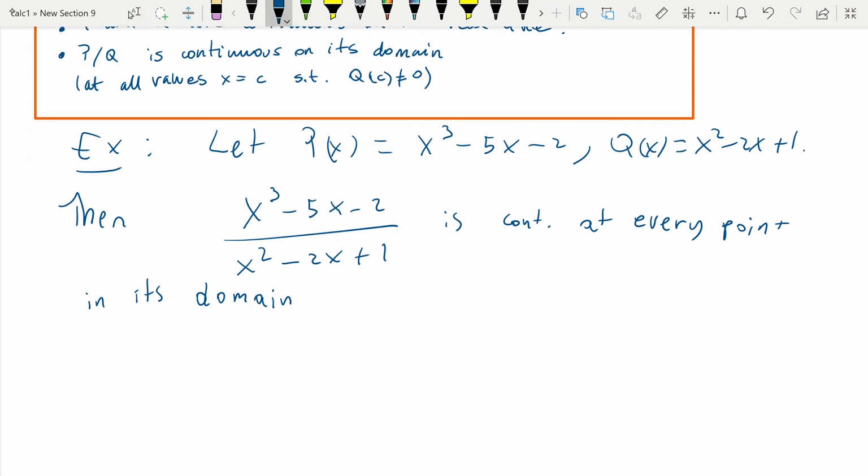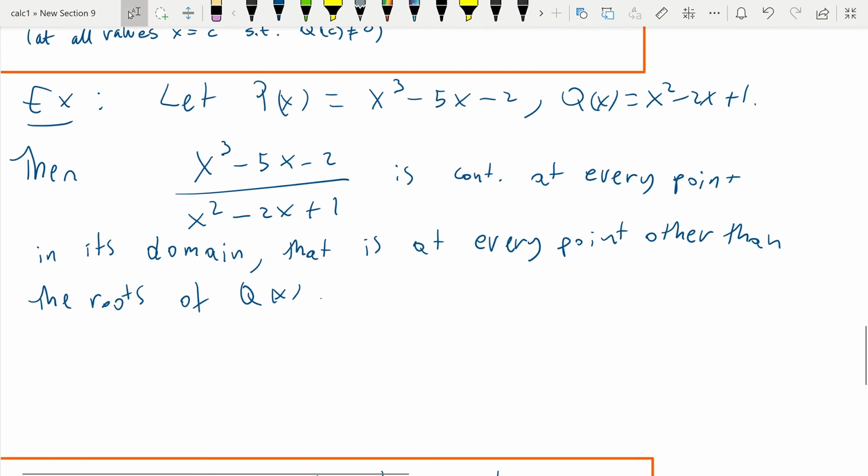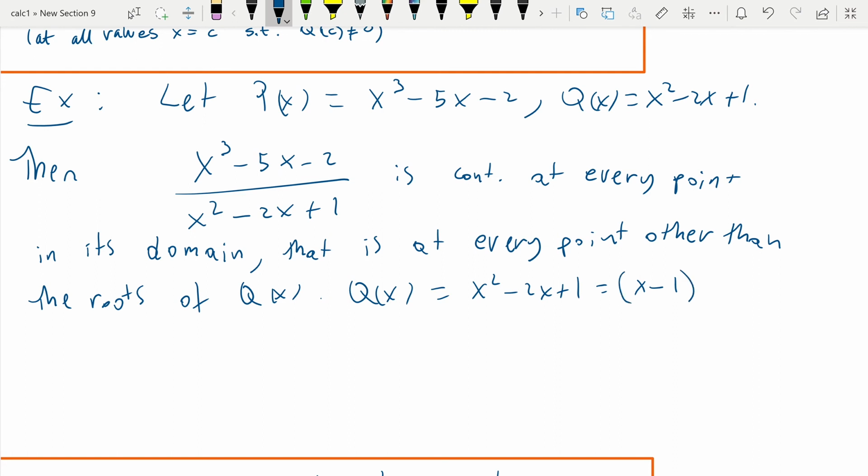That means at every point other than the roots of q of x. Q of x is equal to x squared minus 2x plus 1, which is equal to x minus 1 squared.